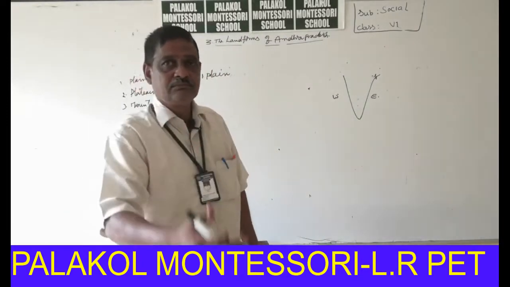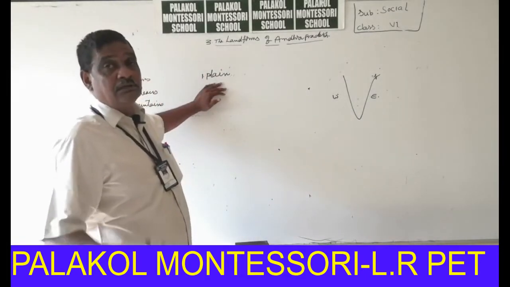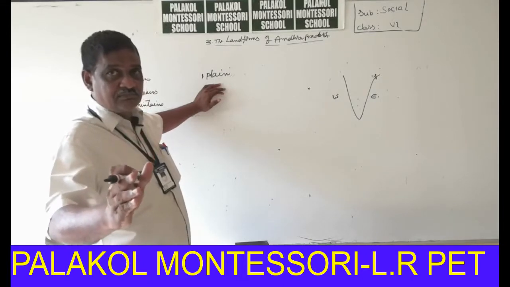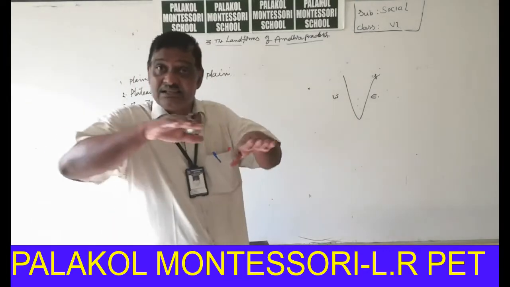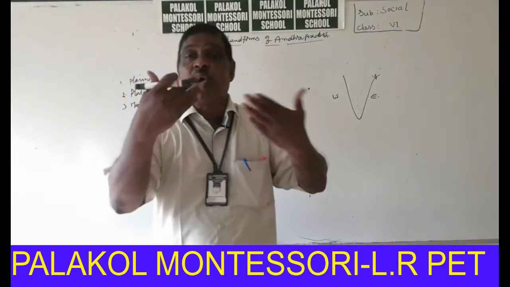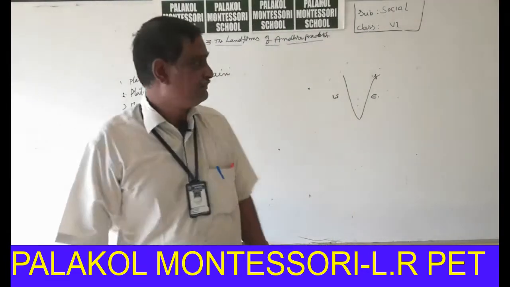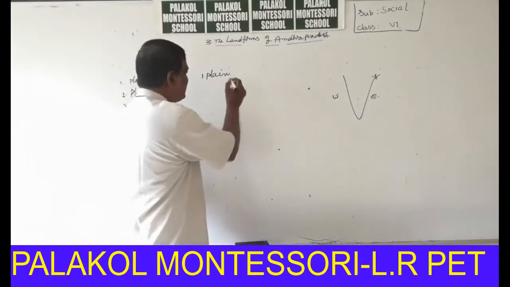Once again, the landmass which is flat in surface without ups and downs is called a plain. Okay?